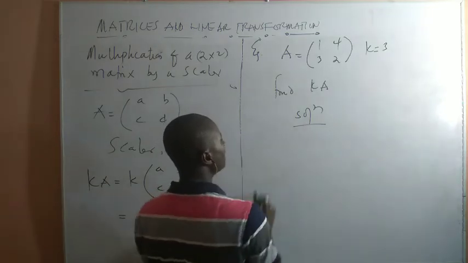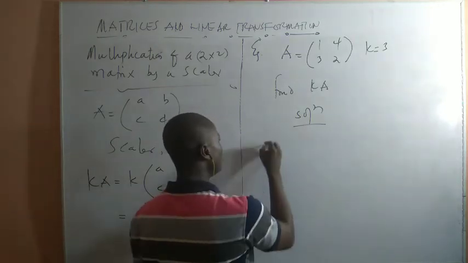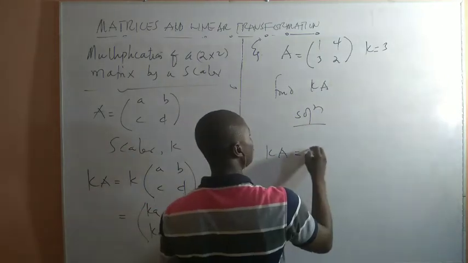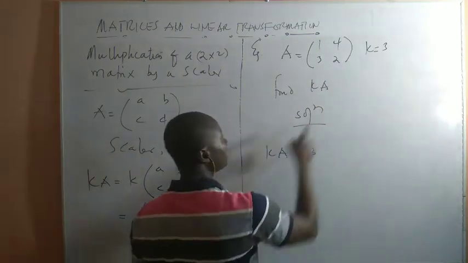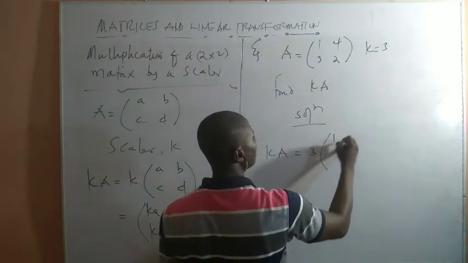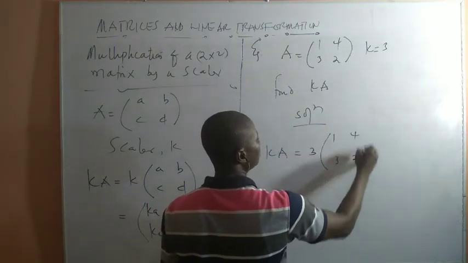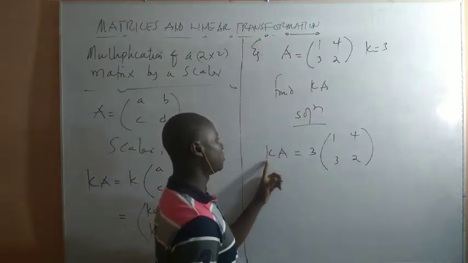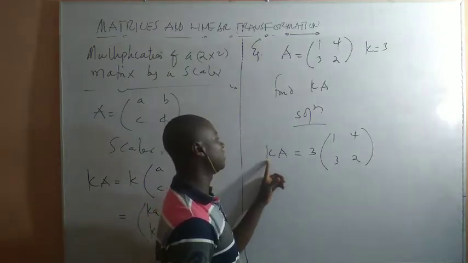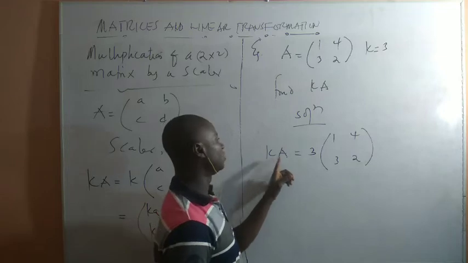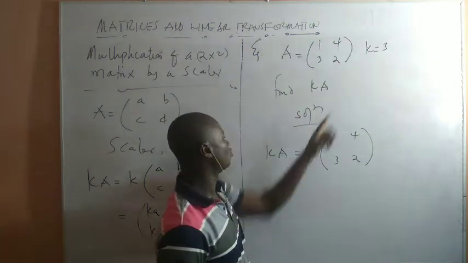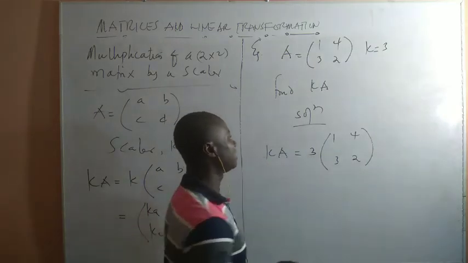Now, we are given k to be equal to 3, and the matrix A is [1, 4; 3, 2]. So kA means we are multiplying the constant, or the scalar we are given, by the matrix A. Because k has been given to be 3, we multiply 3 by the matrix.